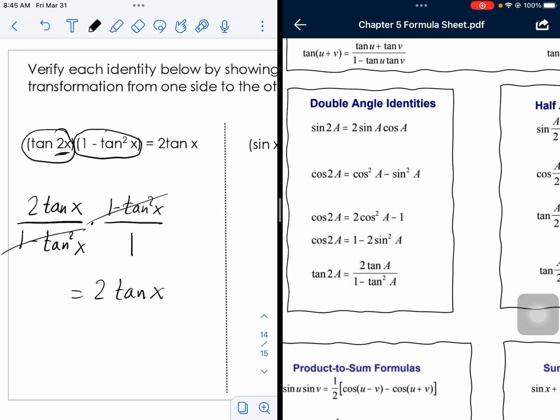So although some of these might look complicated, they do end pretty quickly. That one only had one step in between, and we were able to prove it.